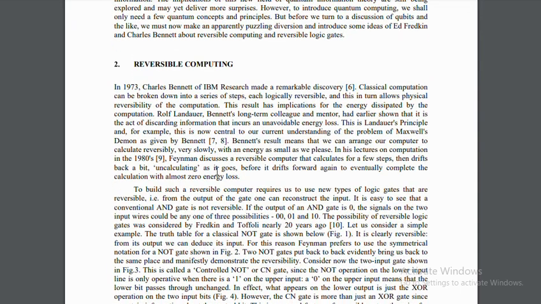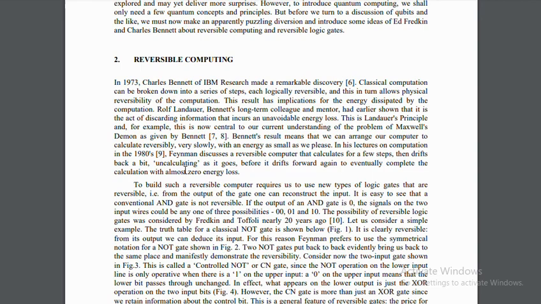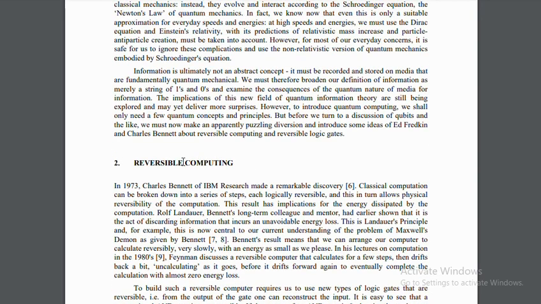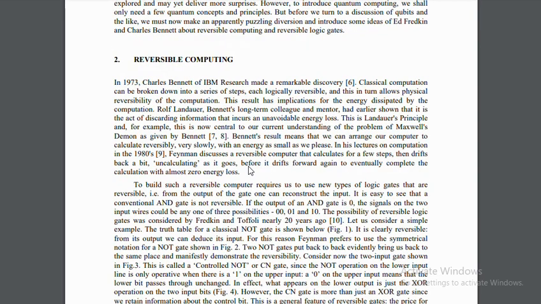So we have talked about this, and our next topic is reversible computing.